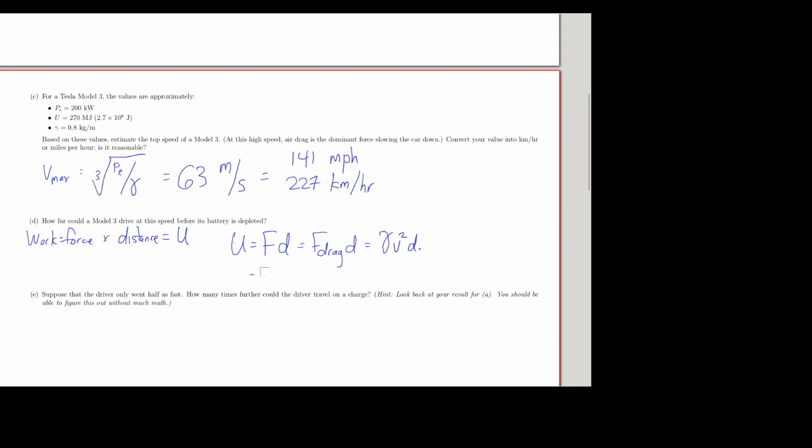So if we want to solve for the distance, start over here on the left. So if the potential energy is gamma v squared d, then d equals potential energy over gamma v squared. And I have all of those values. I just found them.